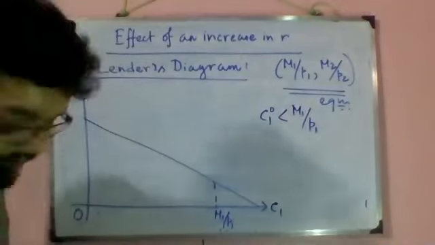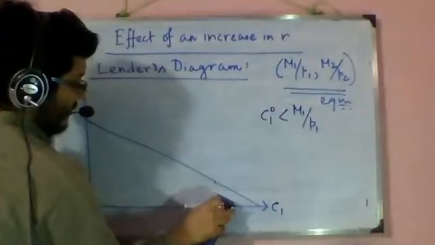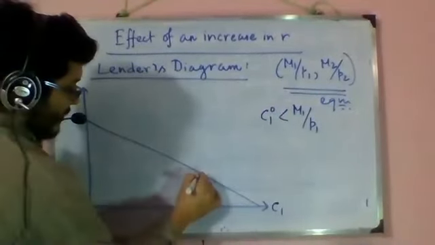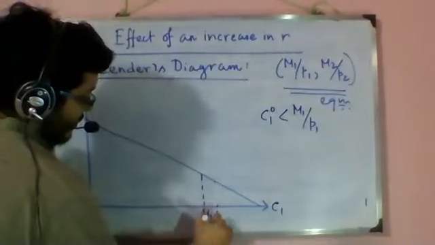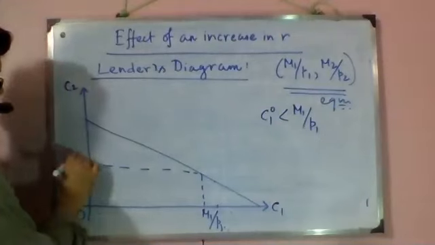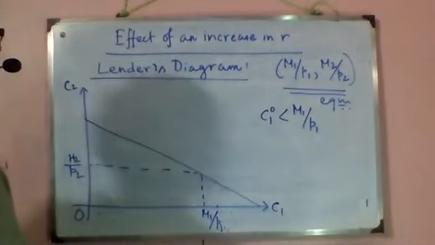Let's take it a bit inside. Okay, so let's take M1 by P1 here. And obviously then M2 by P2 will be here.